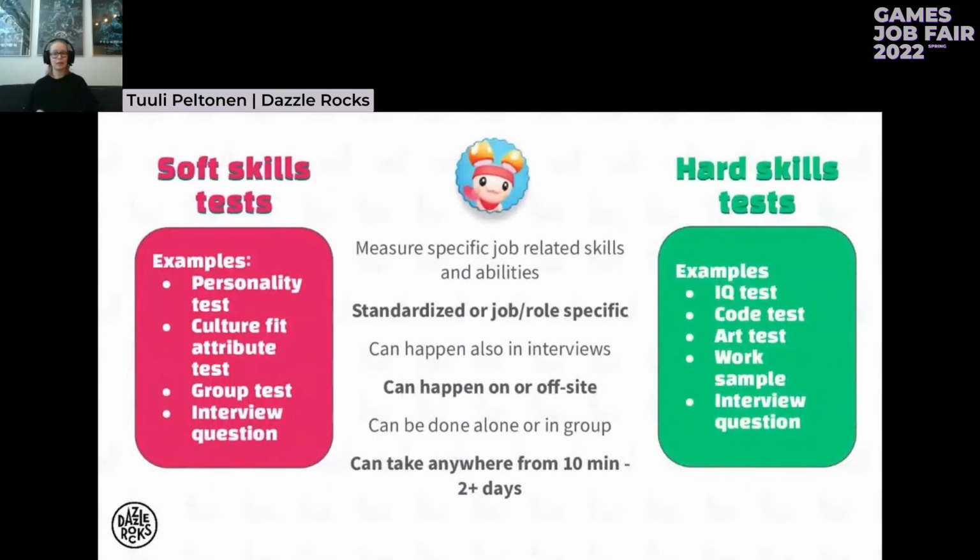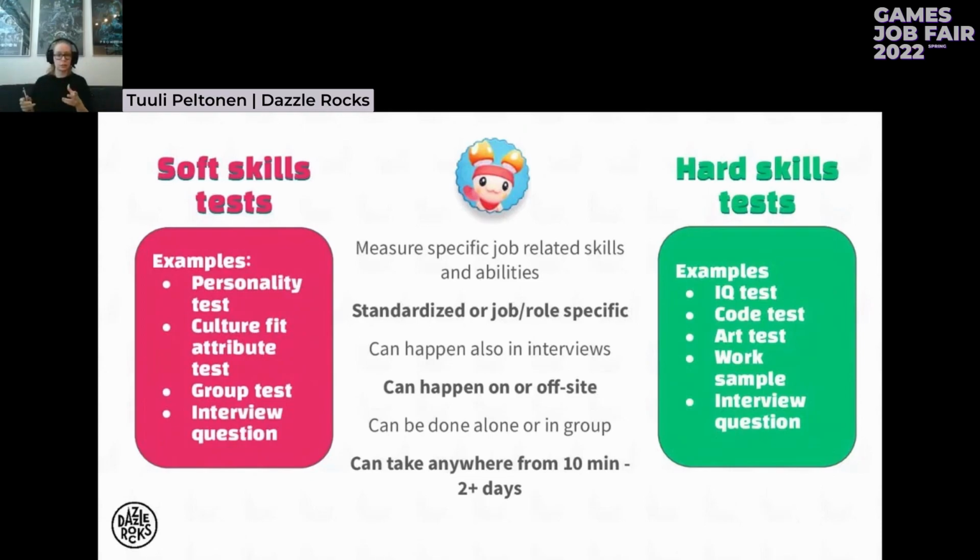So basically, test assignments, as I mentioned before, measure specific skills and abilities that you might have that are needed for the job that you're applying for. They can either be standardized. So let's say, for example, IQ tests are usually standardized, or they can be job or even role specific.